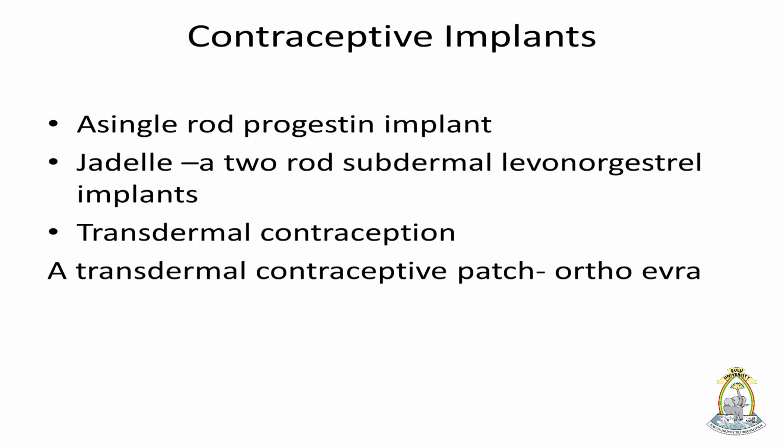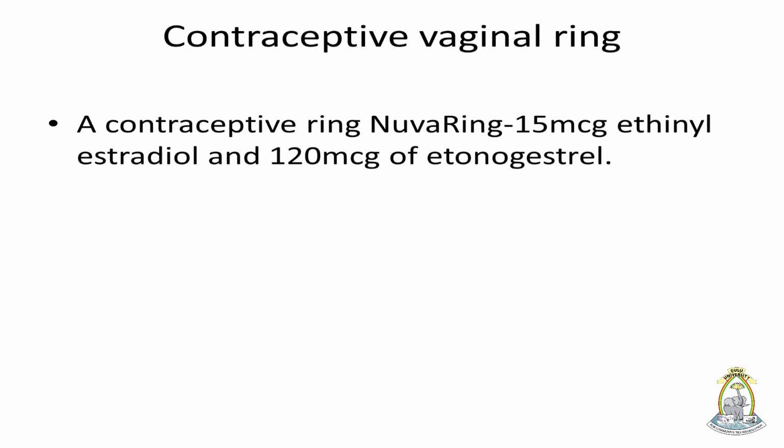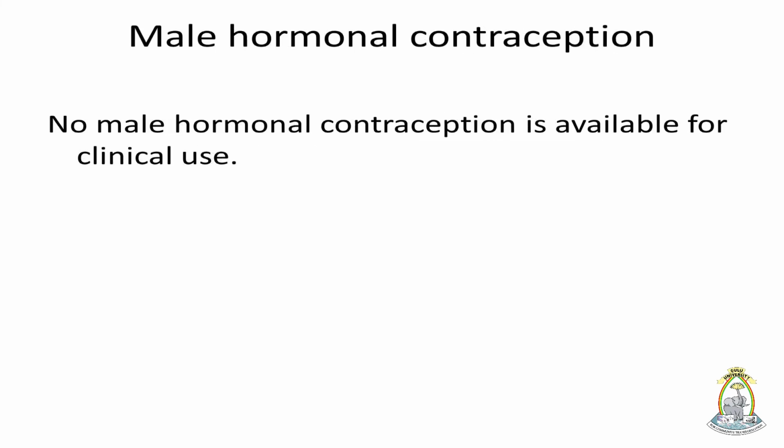You just wear it like a patch, attach it on the skin, and it keeps releasing hormone, which is absorbed by the skin. You also have the NuvaRing. The NuvaRing has ethinyl estradiol and etonogestrel. So this is a combined contraception that is inserted in the vaginal cavity and keeps releasing these hormones time and again.